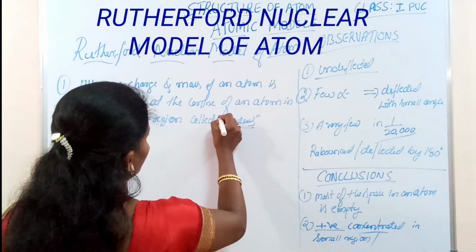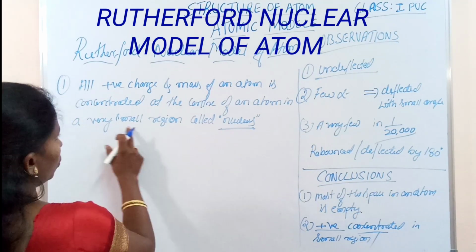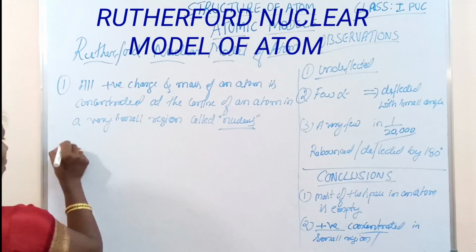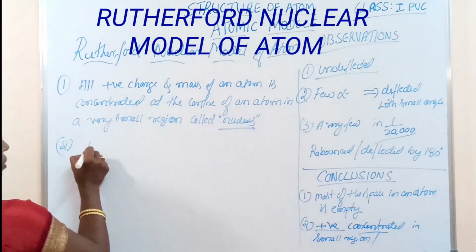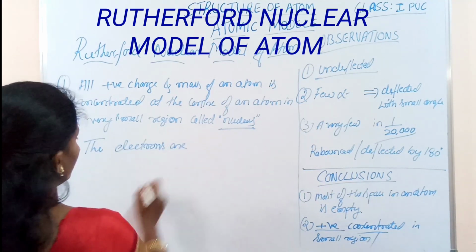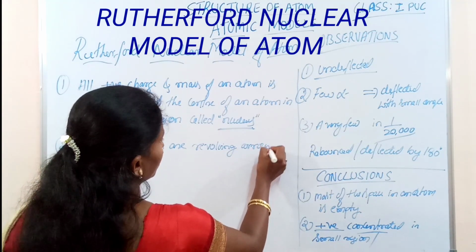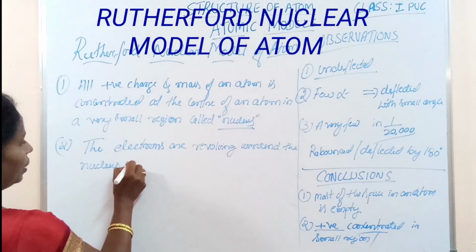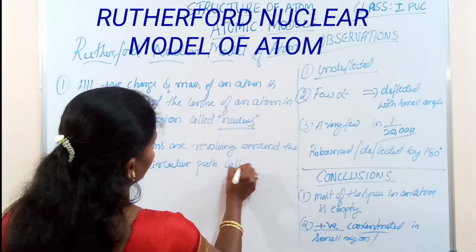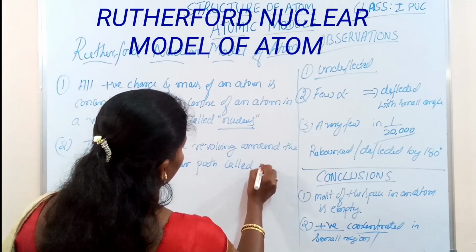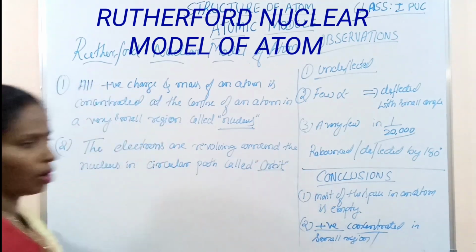He was the first person to name it the nucleus. Second, the electrons are revolving around the nucleus in circular paths called orbits.